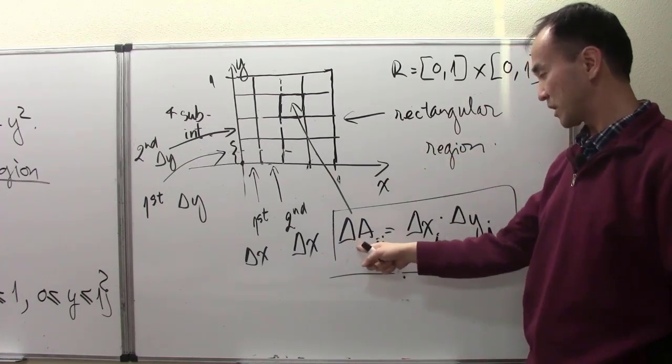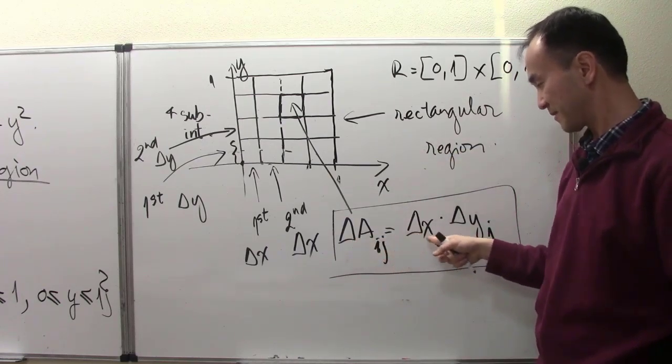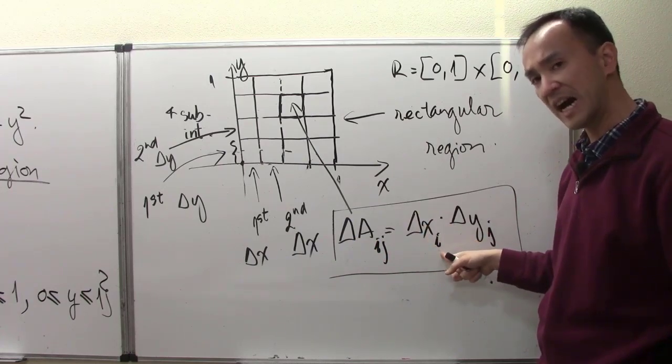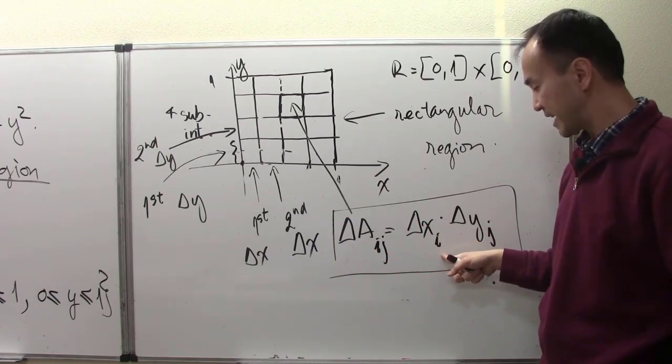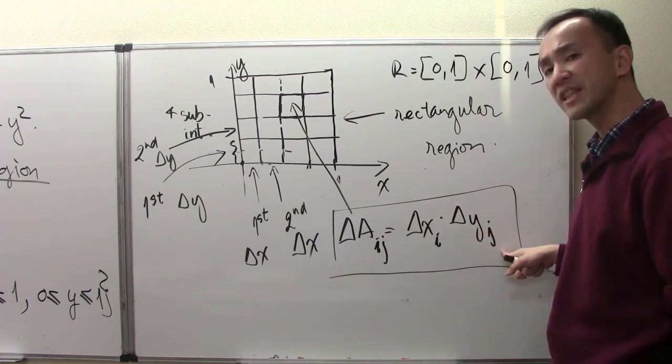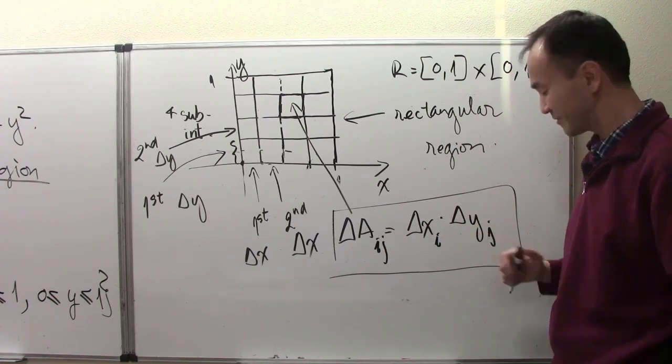That's what delta A ij is: delta x at the ith subinterval on the x-axis multiplied by delta y at the jth subinterval on the y-axis.